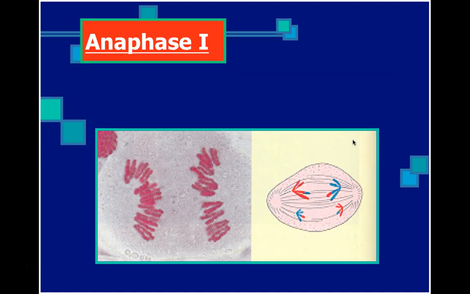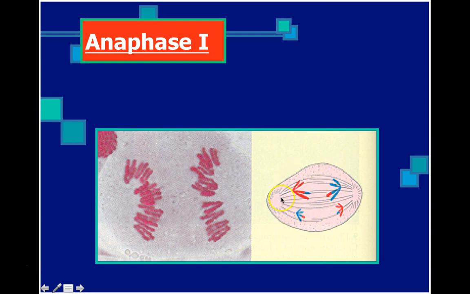Okay, same thing with anaphase 1. It's the same concept where they're being pulled apart from the middle, being pulled apart to one side, being pulled apart to the other. The difference is in the vocab. Instead of saying chromatids are being pulled apart, now we are seeing full chromosomes are being pulled apart.